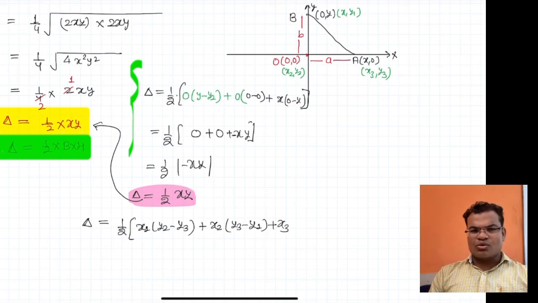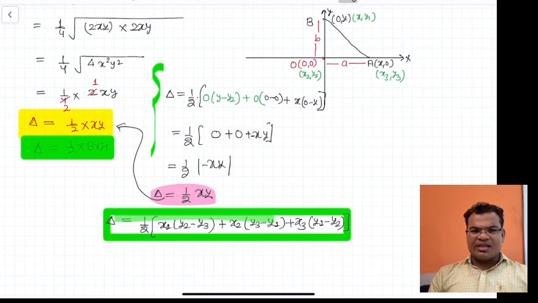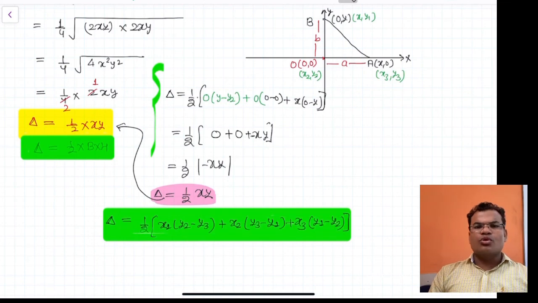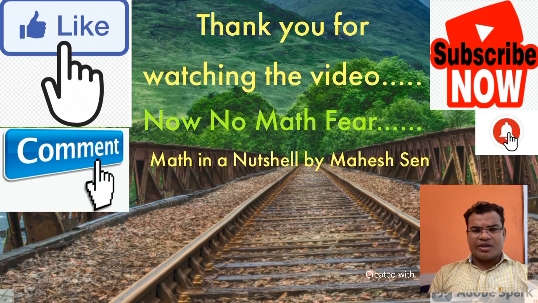So x1 x2 x3 y2 minus y3 y3 minus y1 and y1 minus y2. Okay, so these brackets are very easy to learn in the order x1 y1, x2 y2 and x3 y3. I hope you understood the equation, the derivation and the formula, how to derive this formula through Heron's formula, the area of the triangle by coordinate geometry.